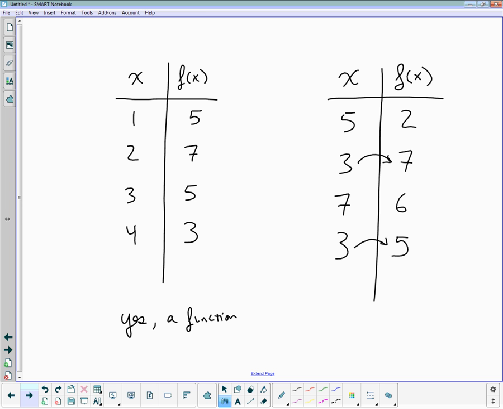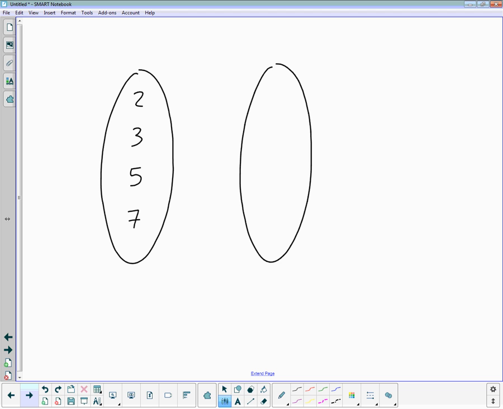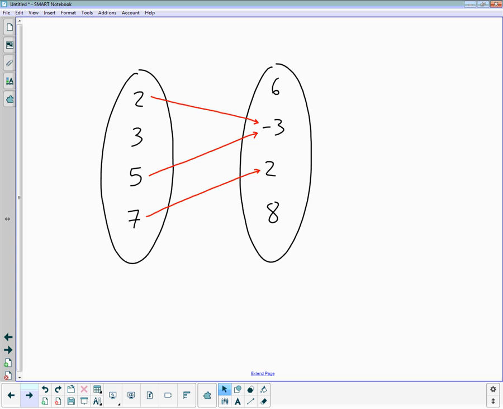Yes, you will be graphing them. Okay? All right. A lot of times we'll see these kinds of graphs. Take a look at that.